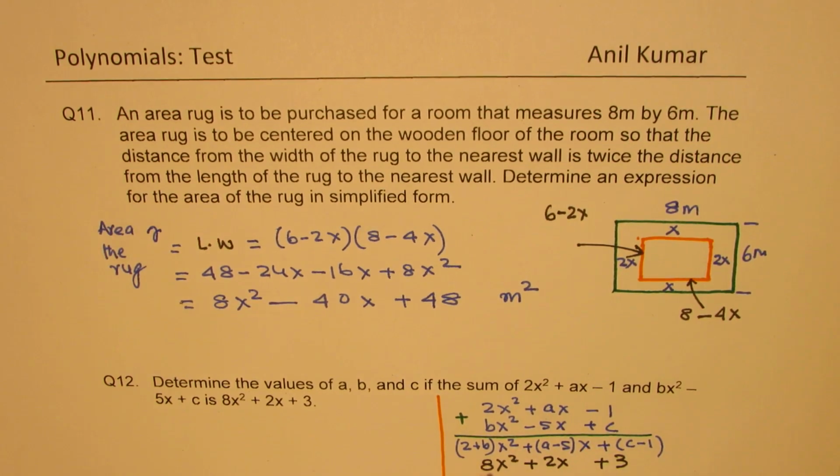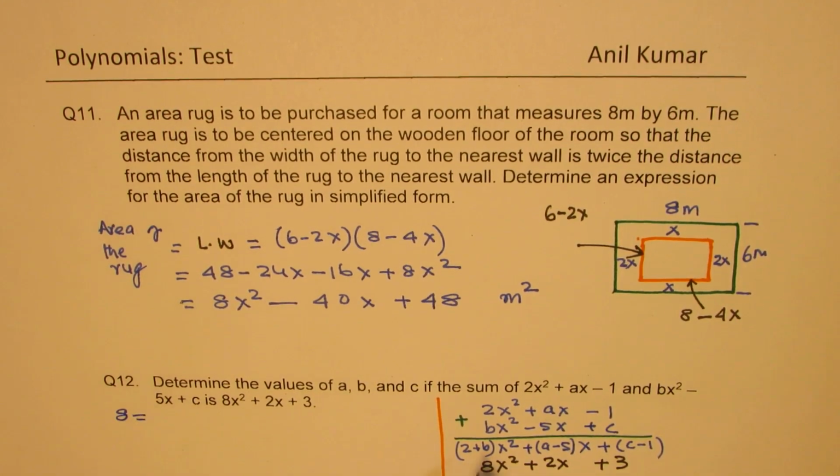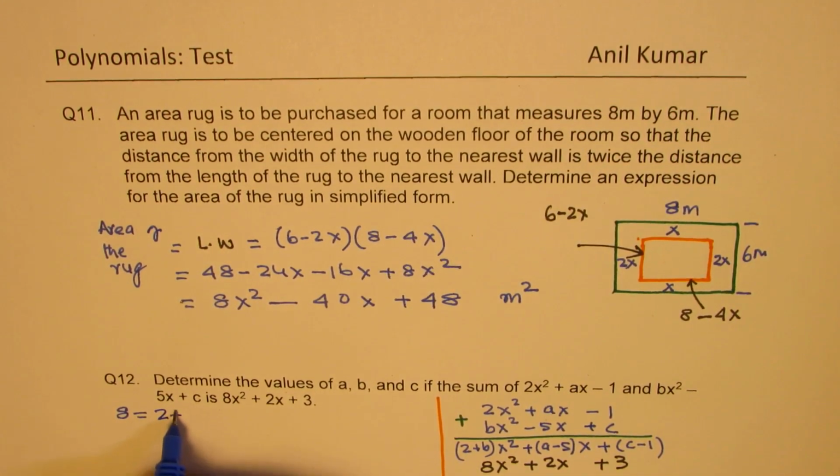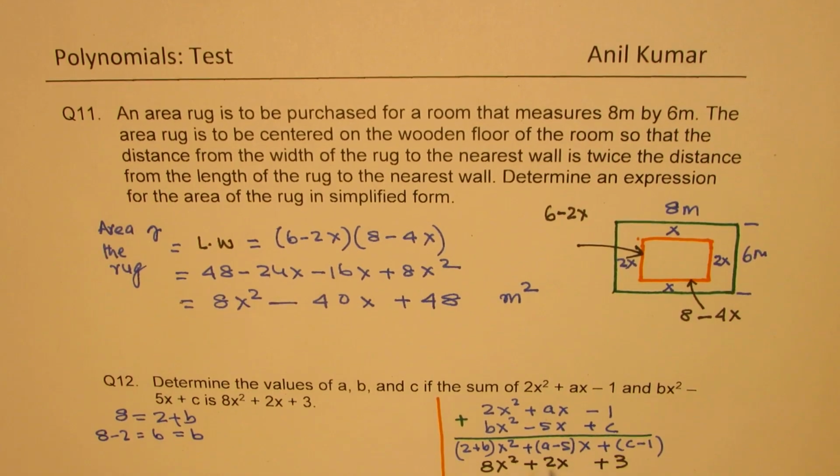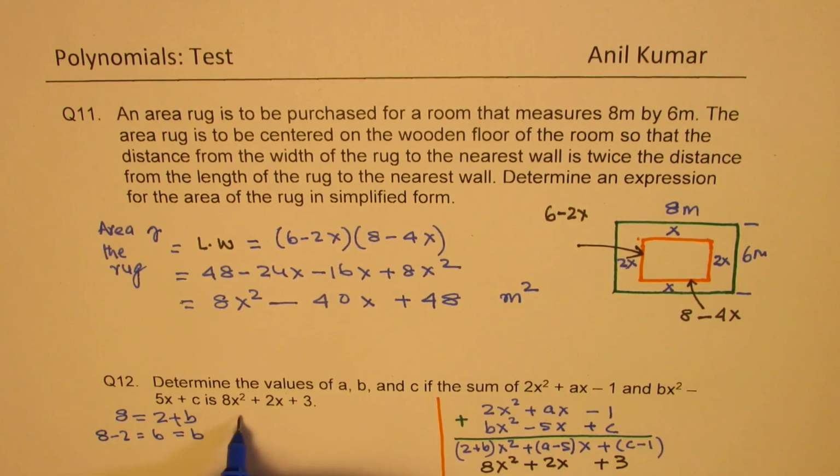Now clearly, the coefficients should match. So we get our equation: 8 should be equal to 2 plus b. So that gives us 8 minus 2, which is 6, is the value of b. 2 should be a minus 5. So 2 equals a minus 5, and that gives you 7 is the value of a.